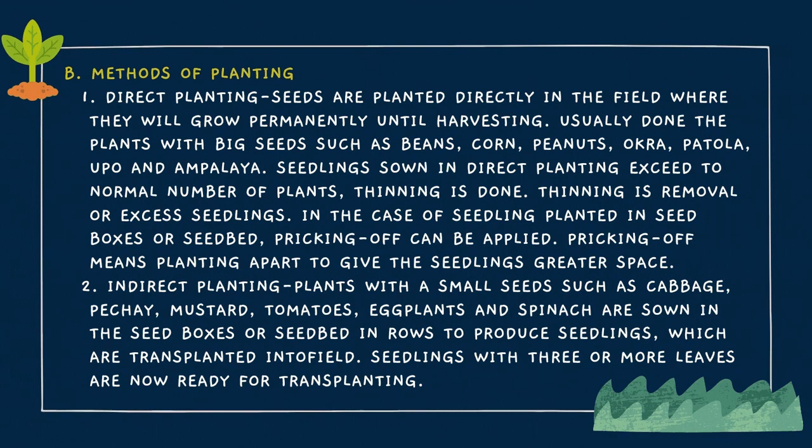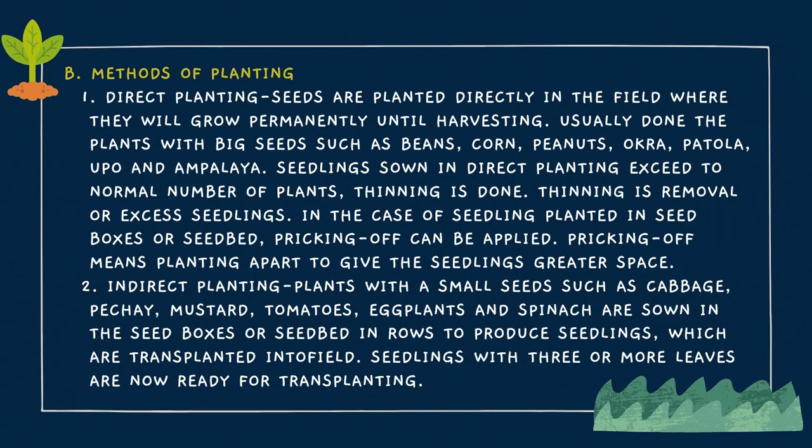Number 2. Indirect planting. Plants with the small seeds such as cabbage, pechay, mustard, tomatoes, eggplants, and spinach are sown in the seed box or seed bed in a rows to produce seedlings, which are transplanted into field.